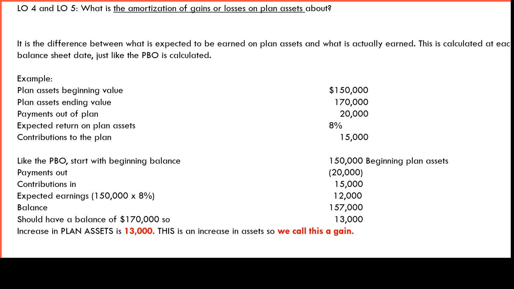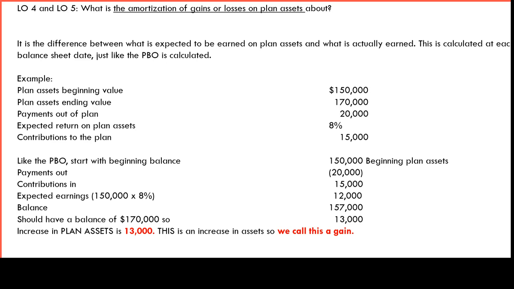It is inappropriate to call this $13,000 a return to hit the income statement because it is not really an activity of the company that results in this. It's not something that really contributes to your thinking about how the company is performing. It's talking really about how the pension plan assets are performing. So let's call that OCI.